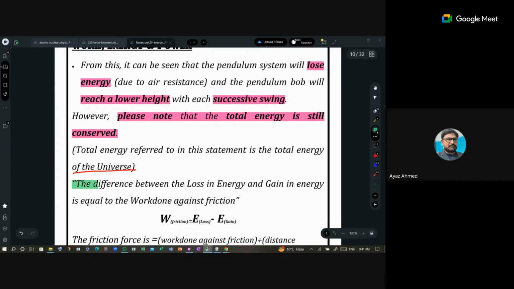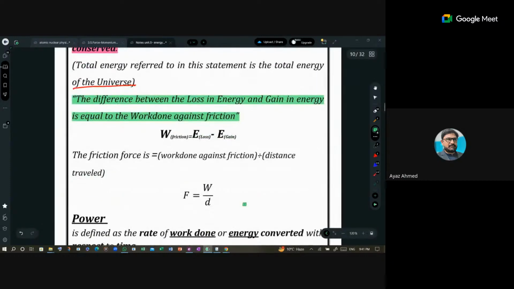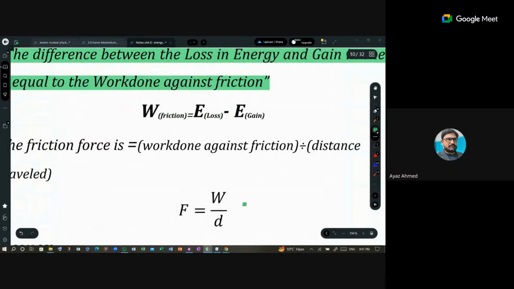The difference between loss of energy and gain of energy is equal to the work done against friction. Before that, there was no work done, so loss minus gain was equal to zero. But here it is not.